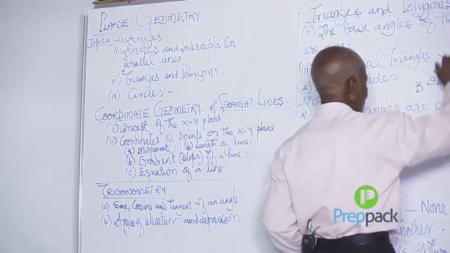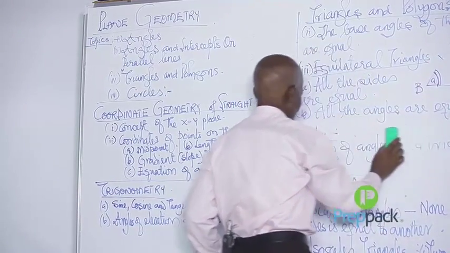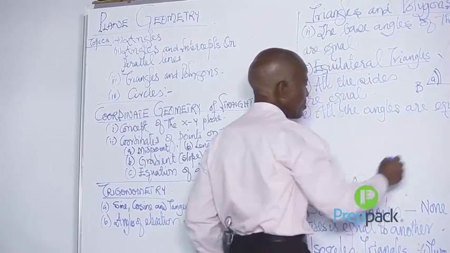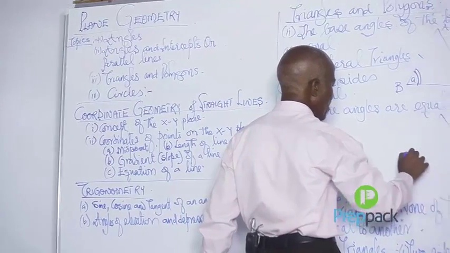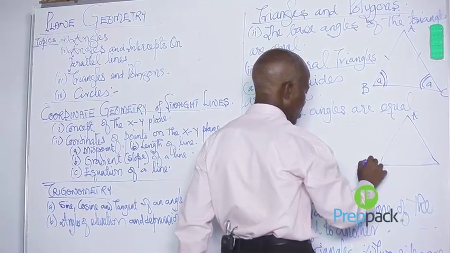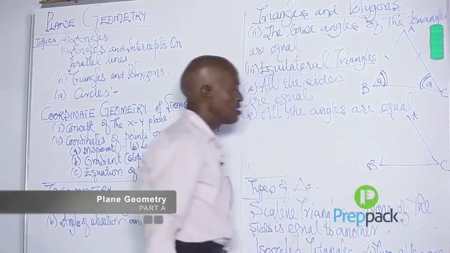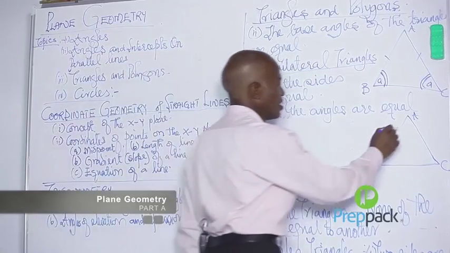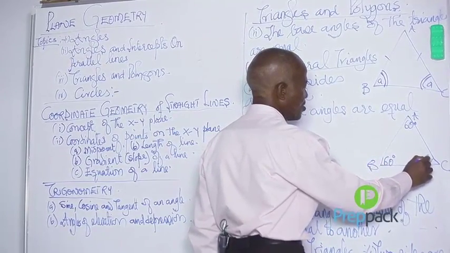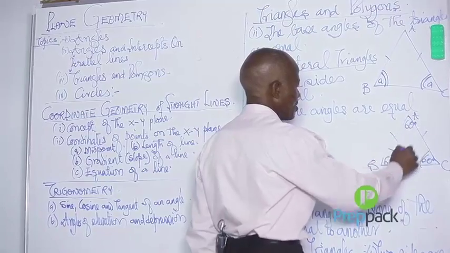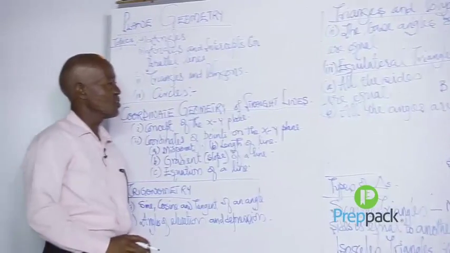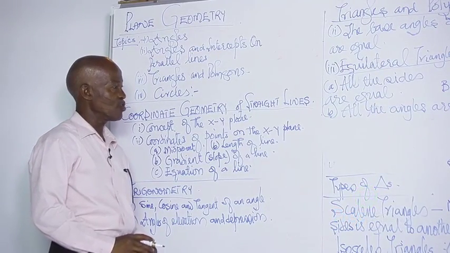So over here, since the sum of angles in the triangle is 180, 180 divided by 3 will give us 60. So each of the angles is 60 degrees, and all the sides are equal. That gives us an equilateral triangle.